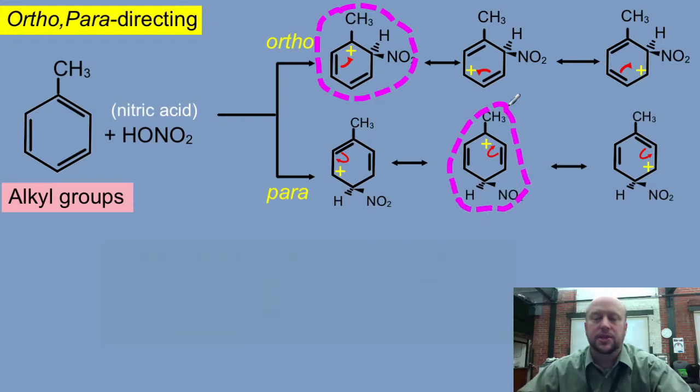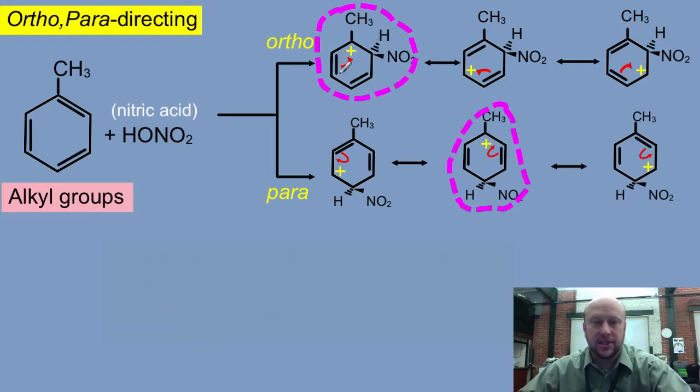If I circle those two positions, take a second, look at those and see what's different about those compared to all the others. Now, if what you guessed was that the carbocation formed where the substituent already was, then you were correct. These are more stable because we get a tertiary carbocation that is at least possible with an ortho and para substituent added.